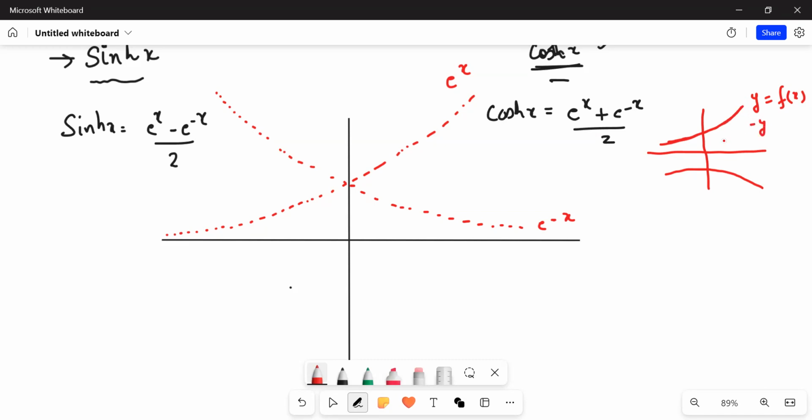So for all those x will remain the same, but y would be on the negative side of it. So it will be symmetric, and you can make an image taking x-axis as your mirror. Okay, so this will be the graph of y is equal to minus of f of x. So if this is your e raised to the power x, this is your e raised to the power minus x, what would be minus e raised to the power minus x? This would be minus e raised to the power minus x.